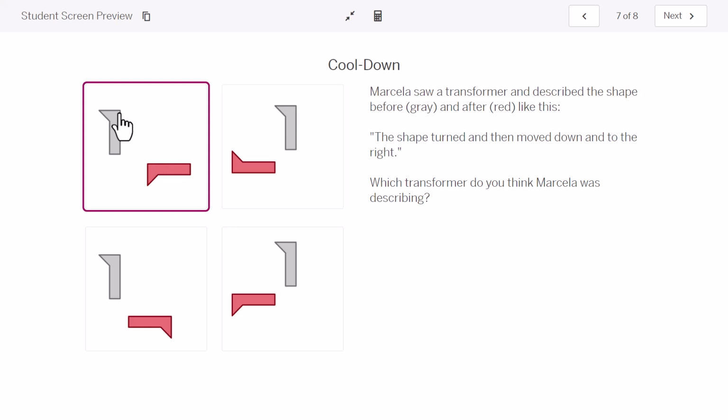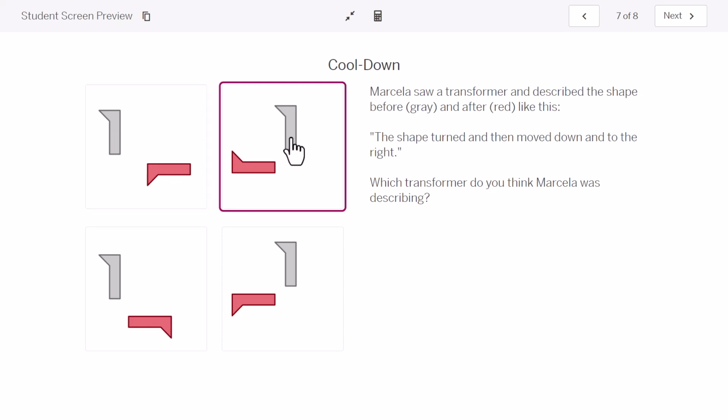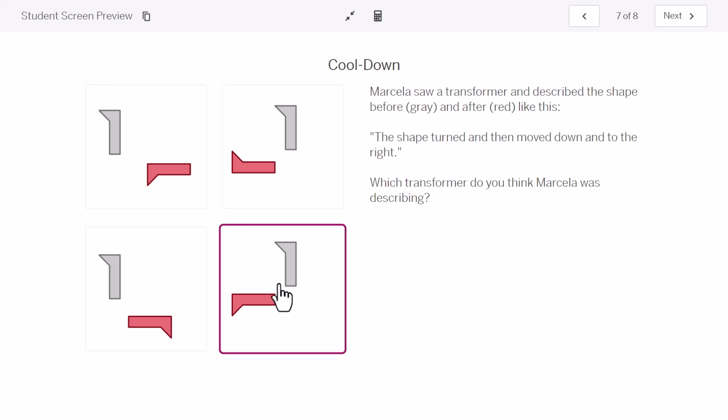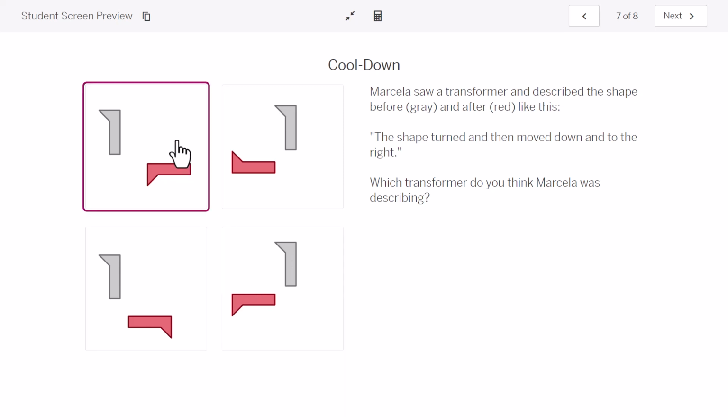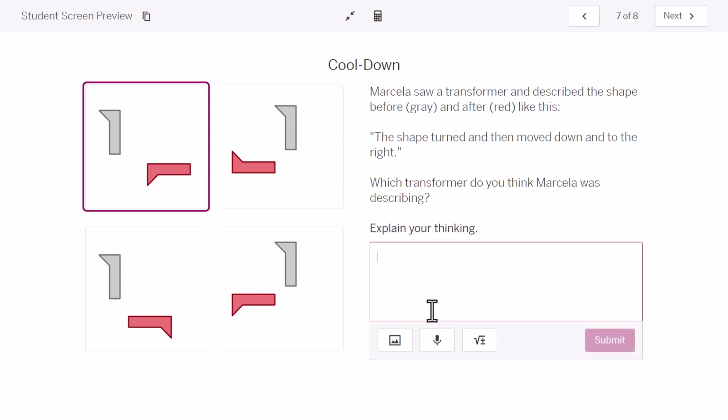I think it's this first one. I can picture this kind of falling down to the left so that it looks more like that red shape and then moving down and to the right. For all of these others, it looks like it didn't just fall, it looks like it flipped, well, here and here, it looks like it flipped over. And here, it does look like it turned, but it didn't move down and to the right. So I think the first one is the one that it should be.